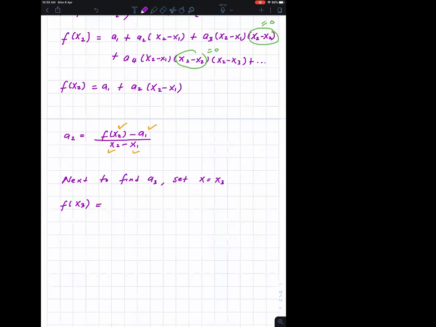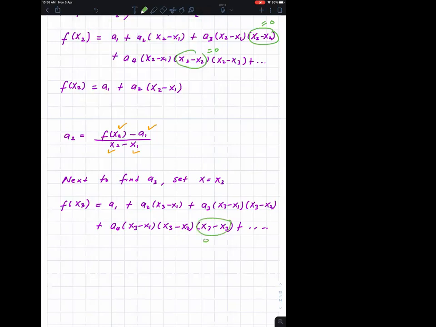Then you're going to get A1 plus A2 (x3 minus x1) plus A3 (x3 minus x1)(x3 minus x2) plus A4 (x3 minus x1)... So you can see now, this part here is going to 0.